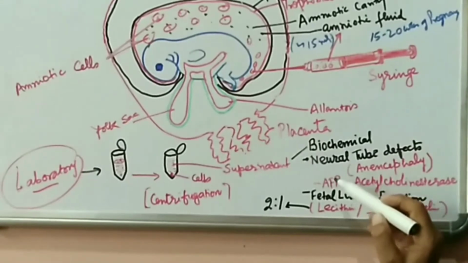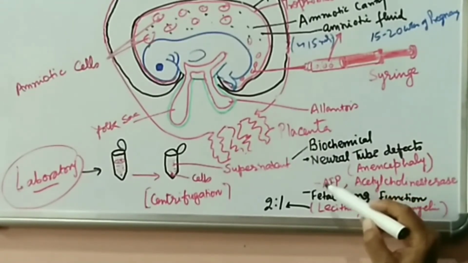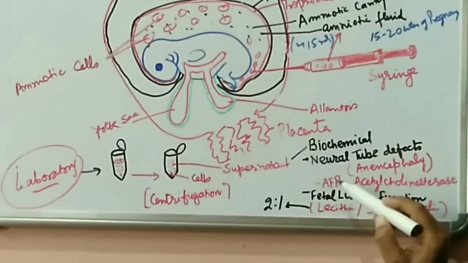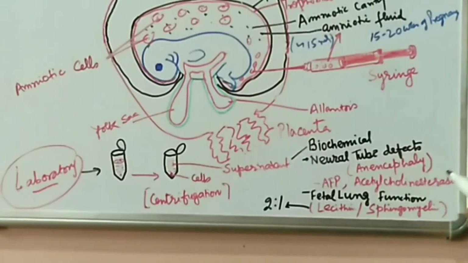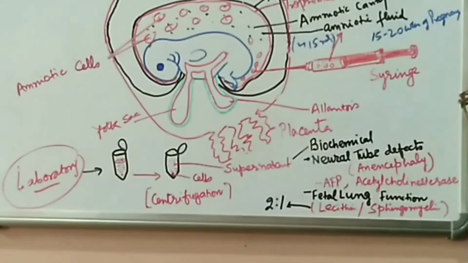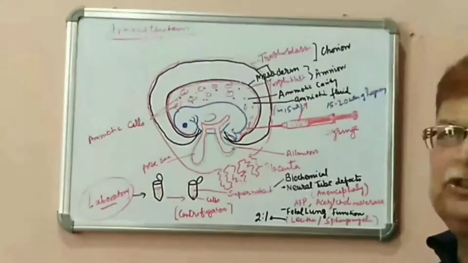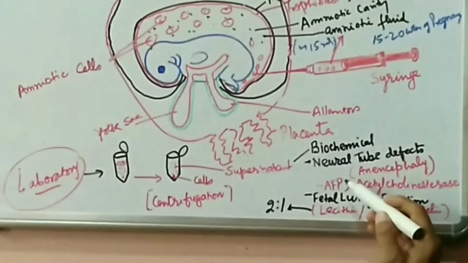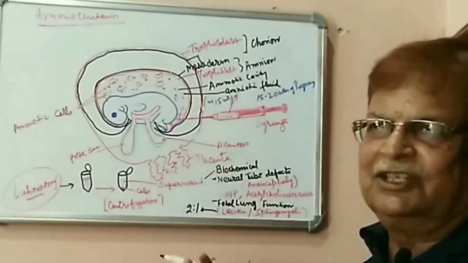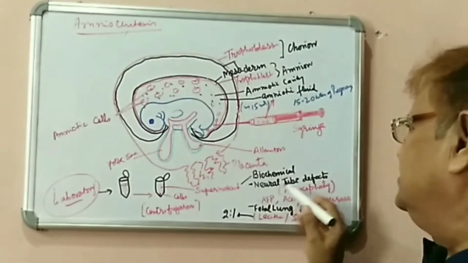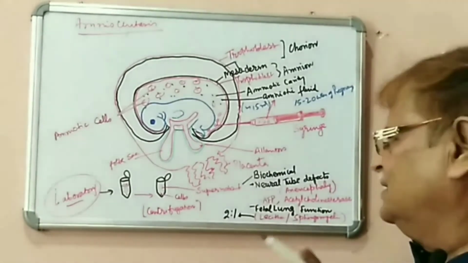So, one is the protein, that is alpha fetoprotein, AFP, that is estimated. The second one is the acetylcholinesterase enzyme, that is also quantified. Because if there is something wrong in the neural tube maturation, then these chemicals leach out into the amniotic fluid, and their quantification signals that something is wrong in the neural tube maturation.